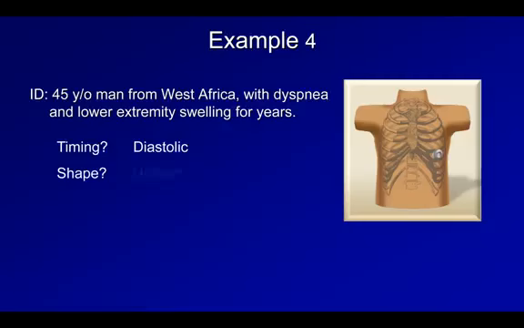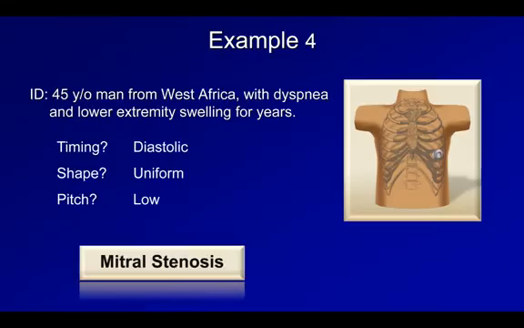Shape, uniform. And pitch, low. So what would cause a uniform, low-pitched diastolic murmur at the apex? Really, only one thing can do this: mitral stenosis.